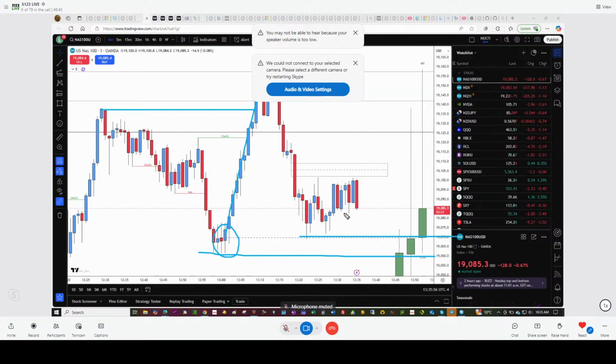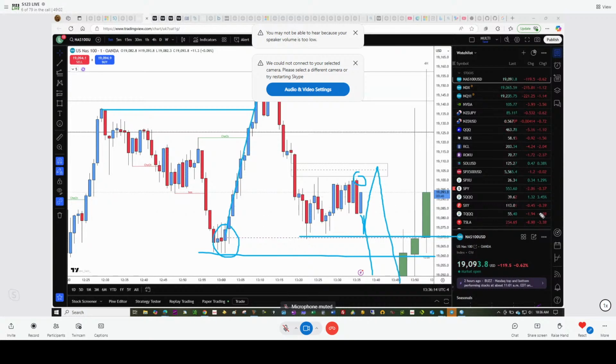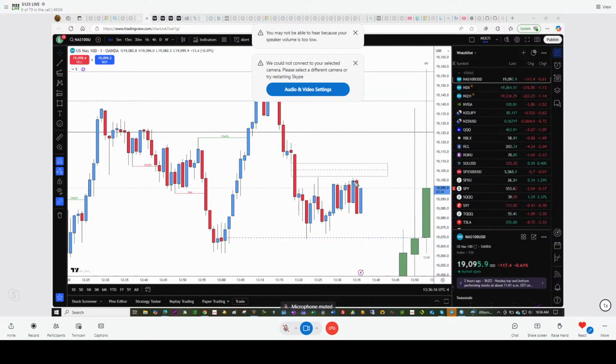So they came very close to going back into the gap, but they did not. So we could be going straight down here now, possibly. I say possibly because, of course, we're in a fourth wave, so they can chop this up more and go back up again. And they left equal highs here, so yeah, they can take them out again. I'd like to see them push into the gap first before we come down.